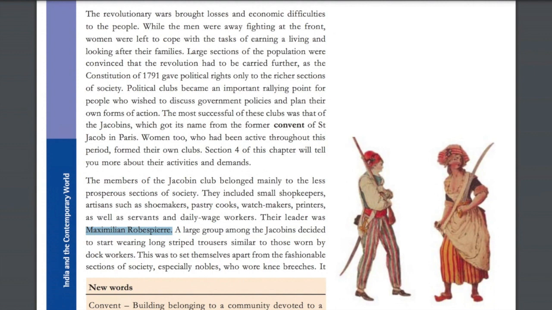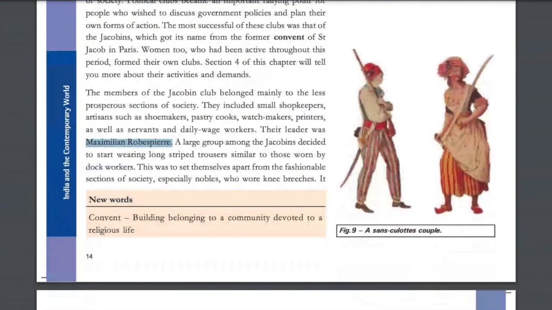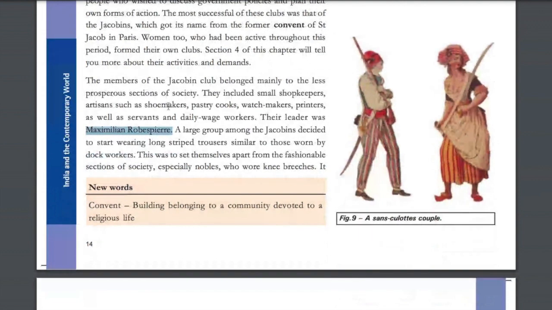All these people were part of the Jacobin Club, and a large group among them decided to start wearing long striped trousers similar to those worn by dock workers. This was to set themselves apart from the fashionable sections of society, especially the nobles who wore knee breeches.